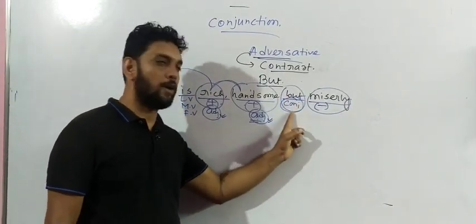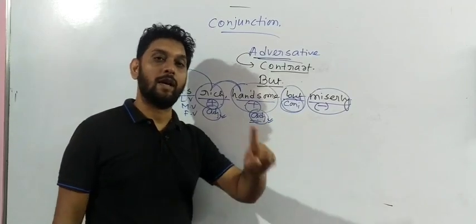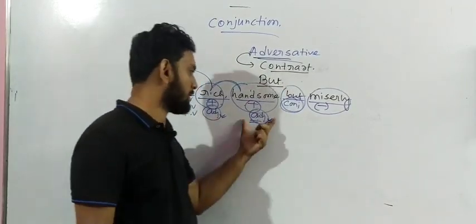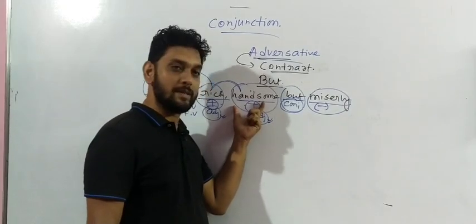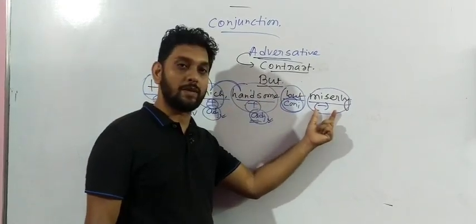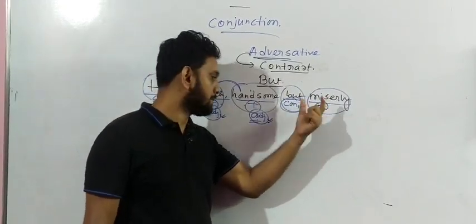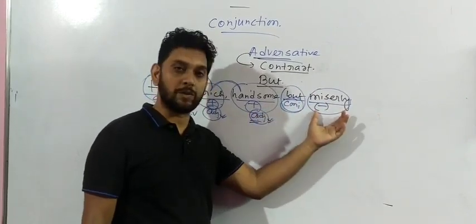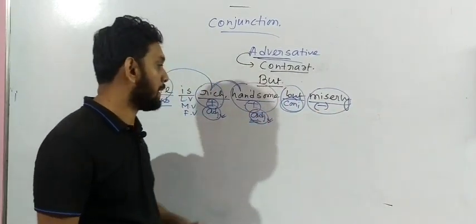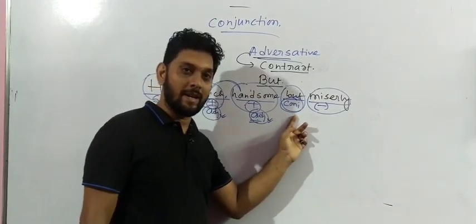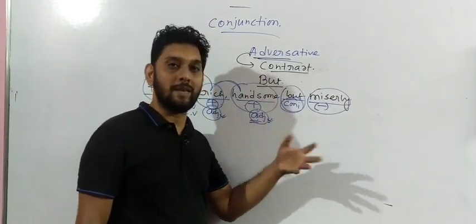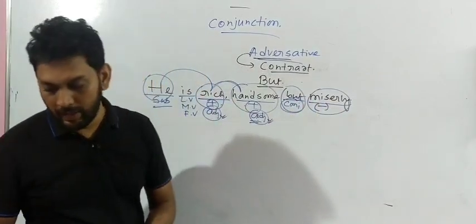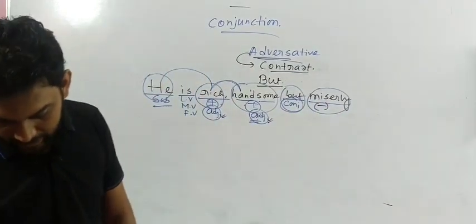If I use and over here, that would be incorrect, because and always takes positive ones. If there is a positive adjective, we have to use a positive adjective, not negative ones. But whenever you use but as an adversative conjunction, which always gives the opposite sense, you have to mention the negative one. That would be correct, otherwise the sentence will go in the wrong direction.